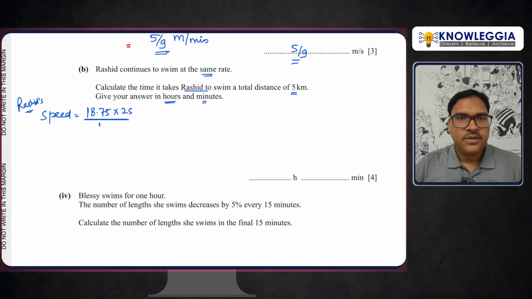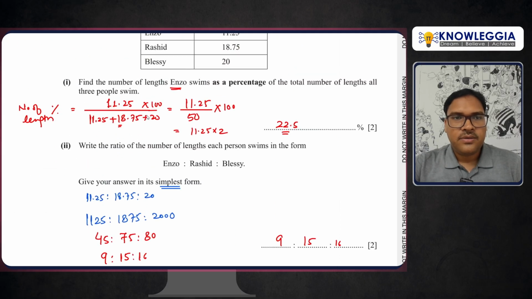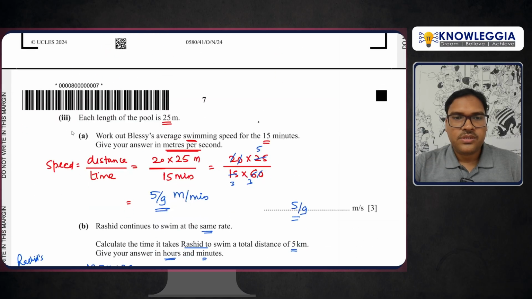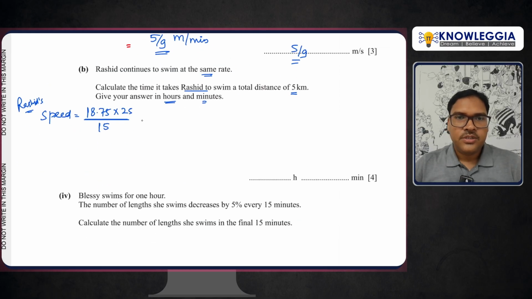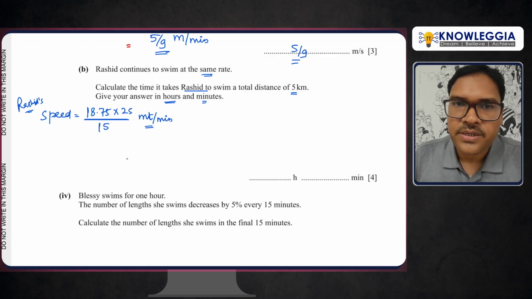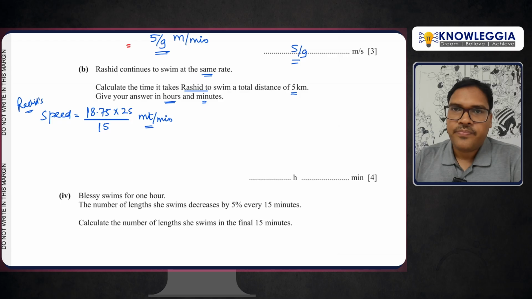He has covered this in 15 minutes, because initially it is given that they swam for 15 minutes, right? So this is the value, the speed in meters per minute.